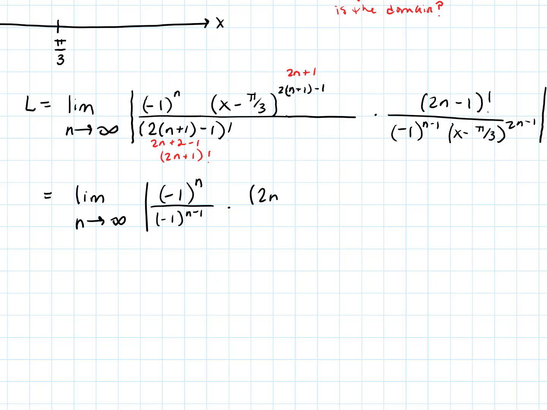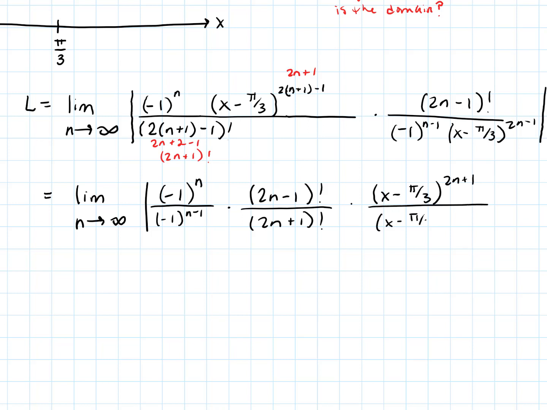That will become just positive 1. Then 2n minus 1 factorial over 2n plus 1 factorial, and x minus pi over 3 to the 2n plus 1 over x minus pi over 3 to the 2n minus 1.